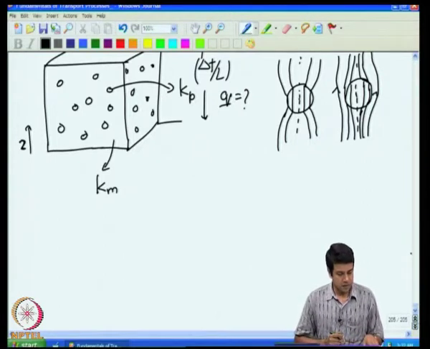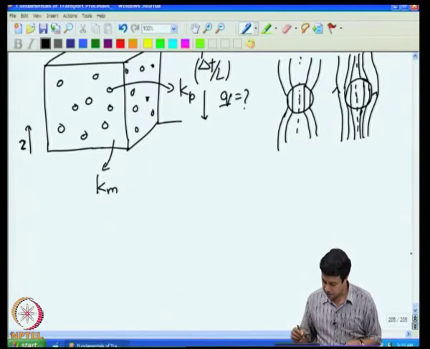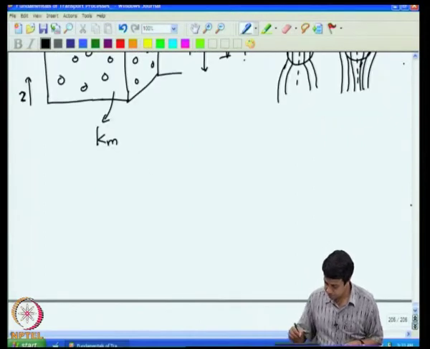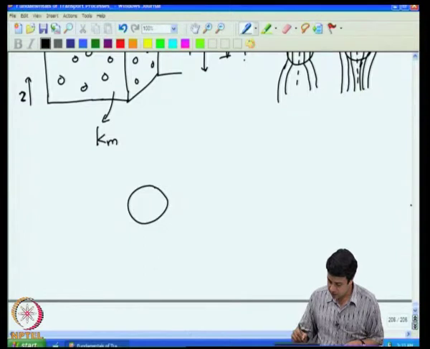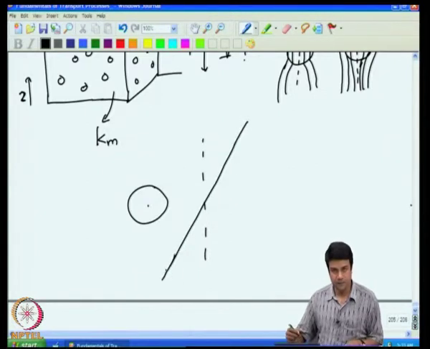Now, since the distance between the particles is relatively large, there is a large distance between neighboring particles. So, if I look at a single particle, it looks like a particle that has been placed in a temperature gradient, which is nearly linear far from the particle. Of course, when I come close to the particle, there is going to be a disturbance in this temperature field, because this particle is either more or less conducting.